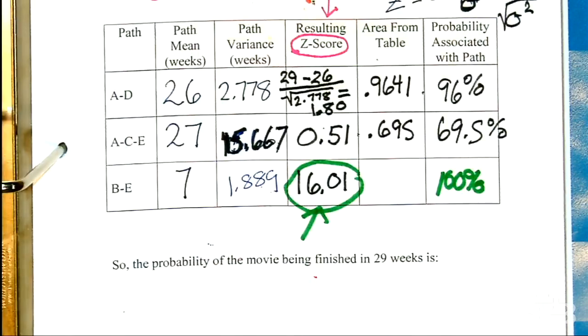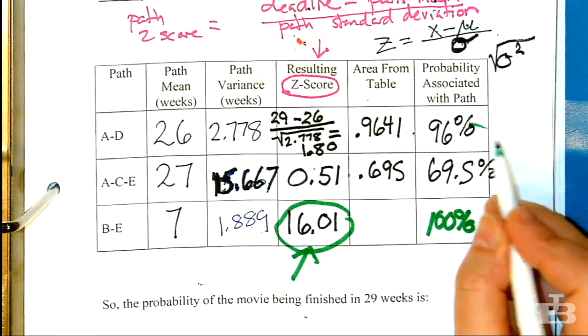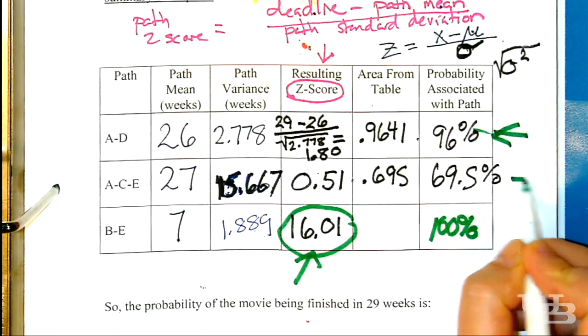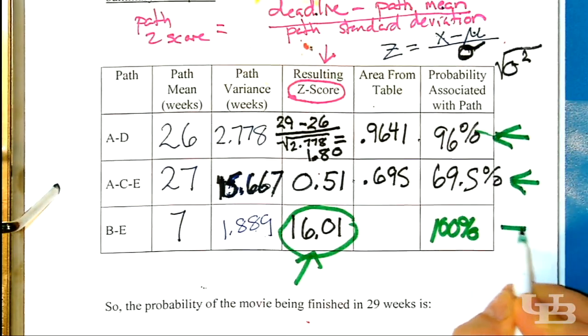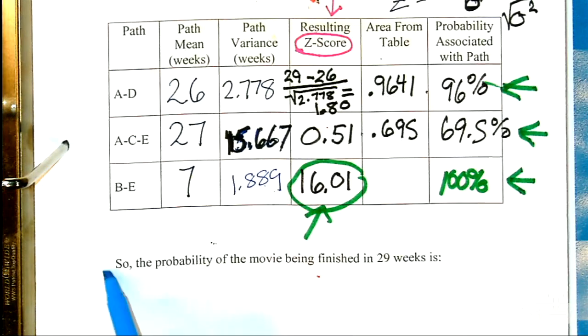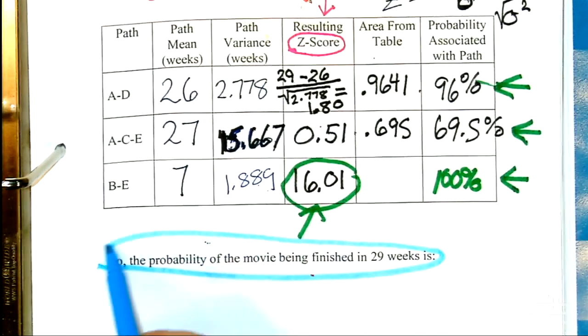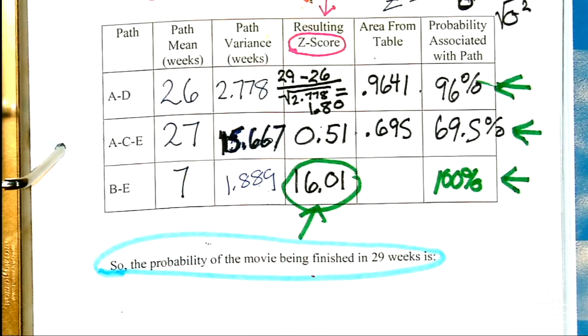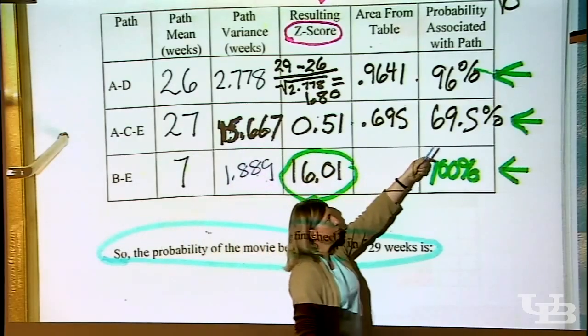Okay. So what I have is the risk associated with each one of the paths. The ironic thing is, I only want to know the probability that the movie will be finished in 29 weeks. And I've got this fact here that if you look at its 3 paths, one of them has a 96% chance of being successfully completed within the deadline.